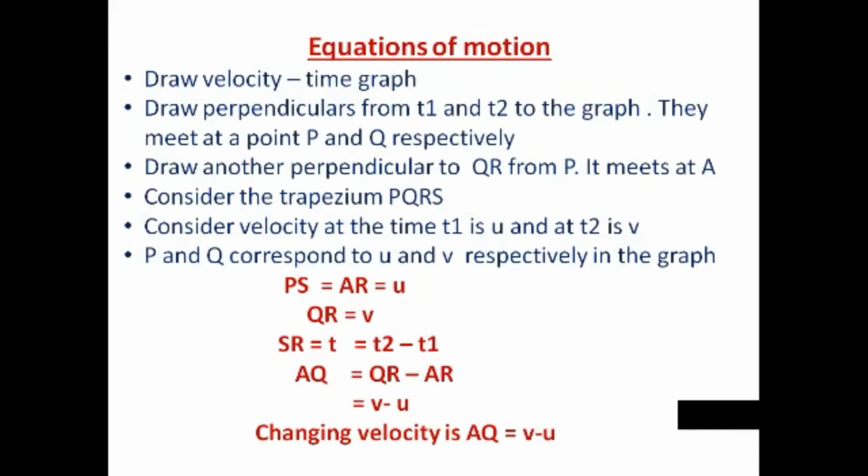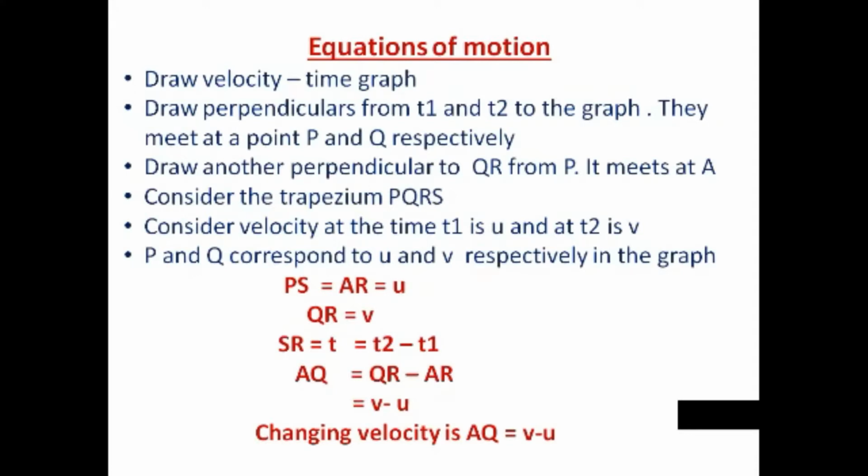Consider the velocity at the time T1 as U and at T2 as V. Velocity at T1 is taken as U and velocity at T2 is taken as V. P and Q correspond to U and V respectively in the graph.